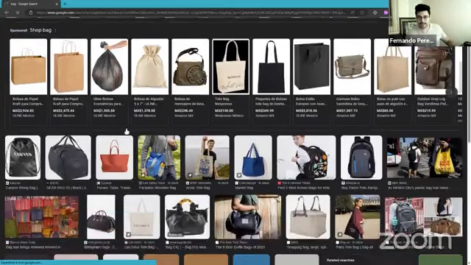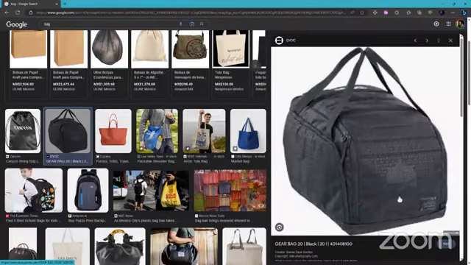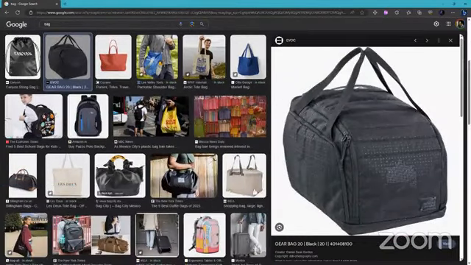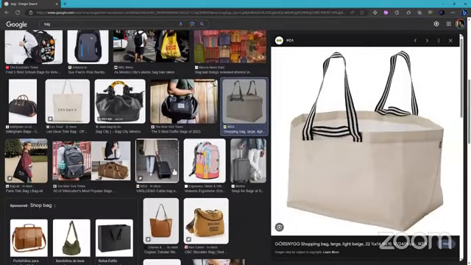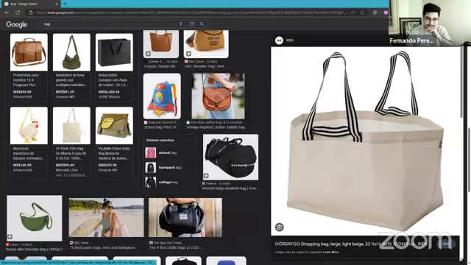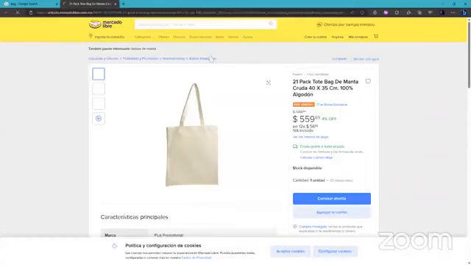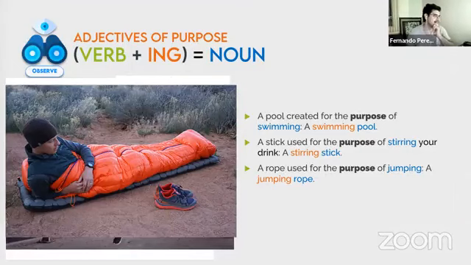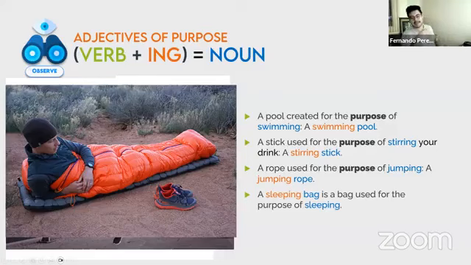Look at this object. Bags. Kinda. It's only a bag. Bag. This is a bag. A sleeping bag. Exactly. That's a sleeping bag. A sleeping bag is a bag used for the purpose of sleeping.